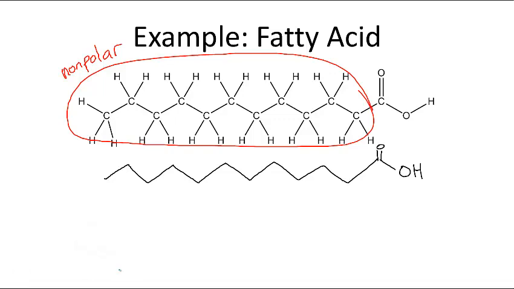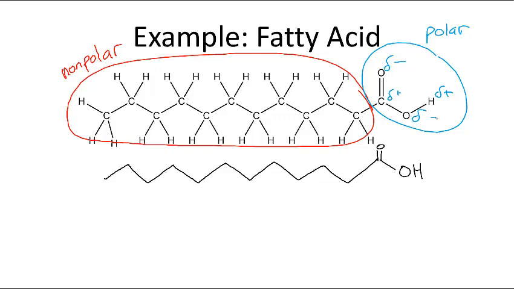But the end where the carboxylic acid is, this is polar. You've got partial positive on the carbon and the hydrogen. You've got partial negative on the oxygens. And so when you have big molecules, a lot of times they have parts that are polar and parts that are nonpolar. It doesn't have to be a term that applies to a molecule as a whole.